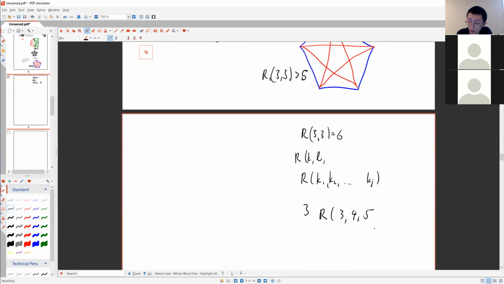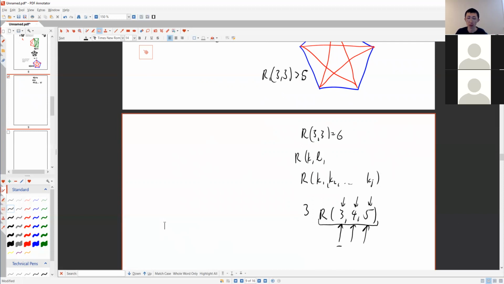This just means: what's the smallest number of vertices you need so that if every edge is colored red, white, or blue, you're guaranteed to have either a red K3, a white K4, or a blue K5. So you can have multiple colors, more than 2.